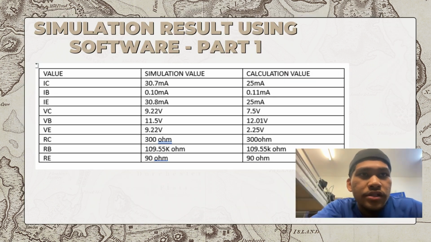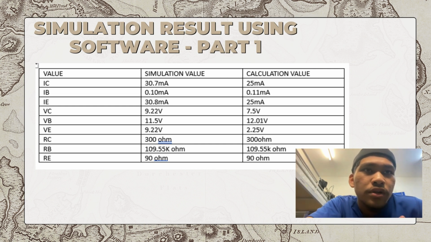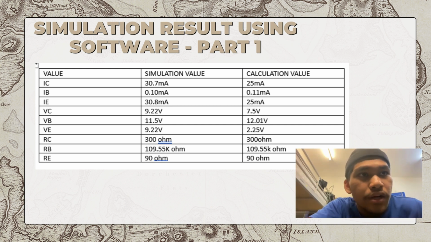For the simulation result using software, for IC, for simulation we got 30.7 milliampere, and for calculation we got 25 milliampere. For IB, with simulation value we got 0.10 milliampere, and for calculation value we got 0.11 milliampere. For IE, we got 30.8 milliampere, and for calculation value we got 25 milliampere.